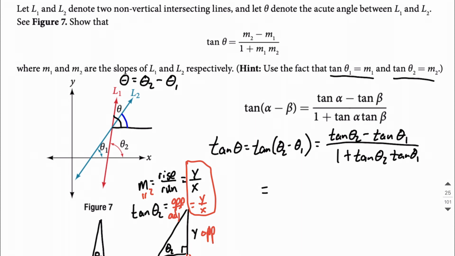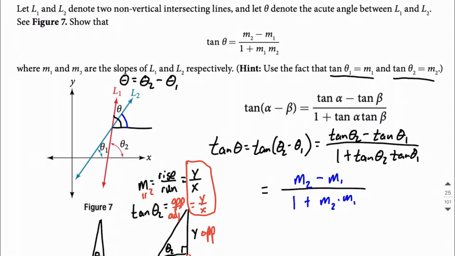From here, we just need to plug in. Remember, we just said that slopes are equivalent to tangent of their respective angles. So in our case, we can replace tangent of theta sub 2 with m2, the slope of that line, minus tangent of theta sub 1, which is m1, the slope of that line, over 1 plus m2 multiplied by m1.